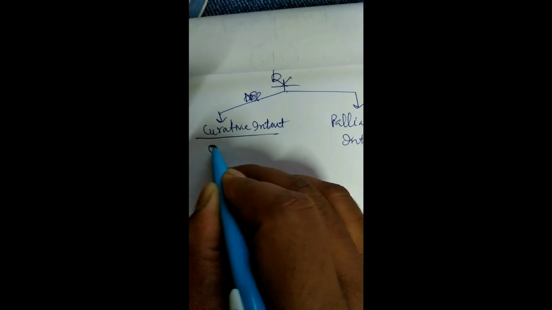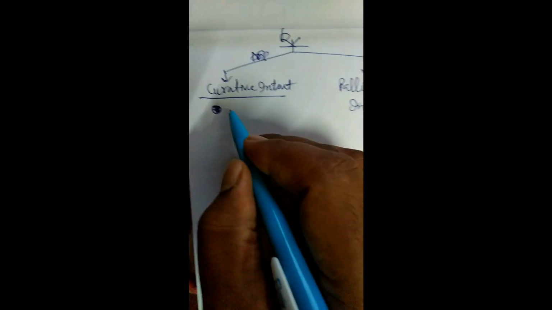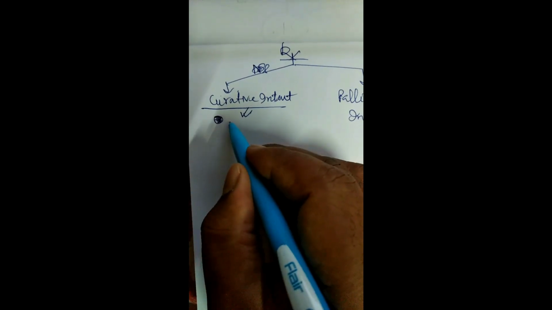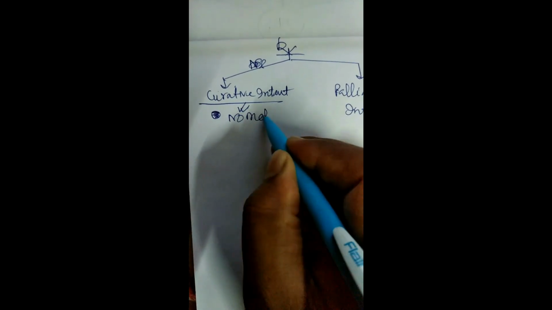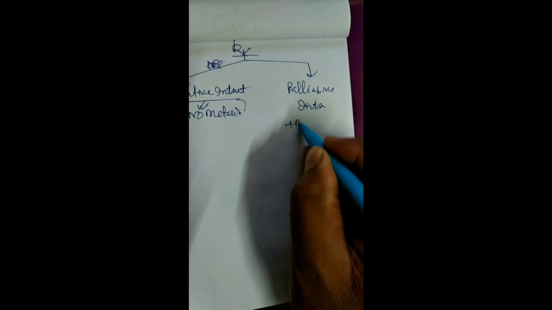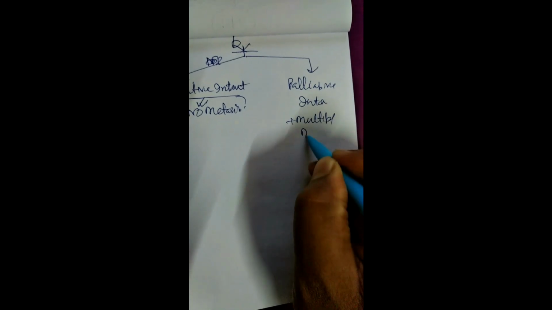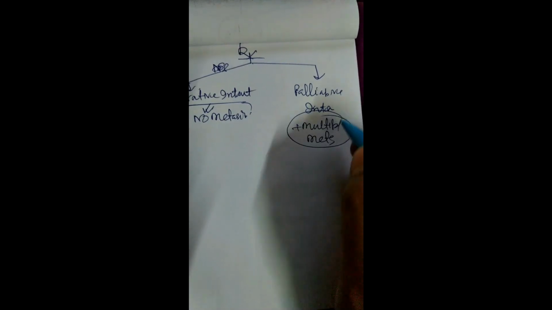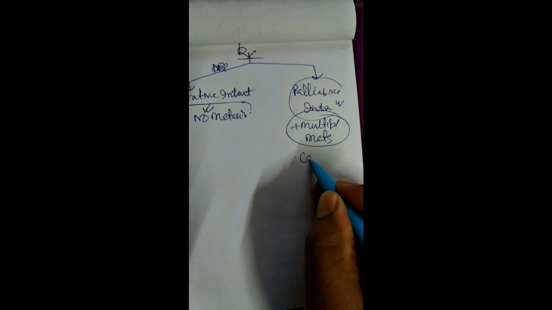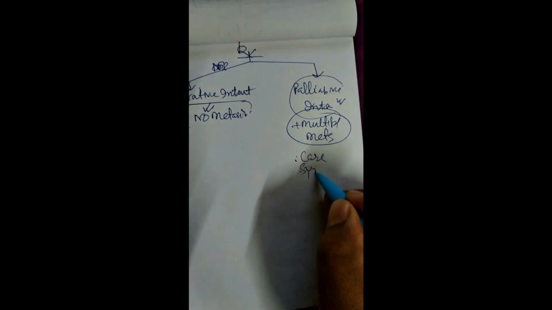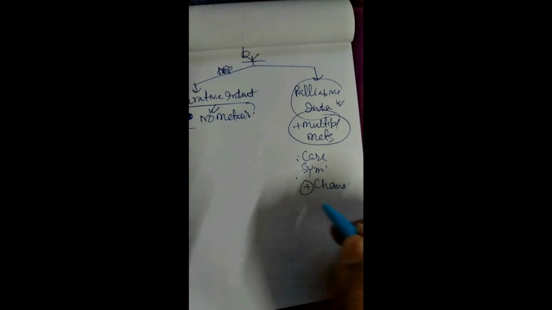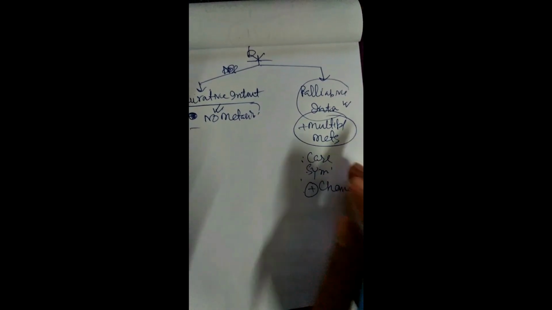When the patient can be treated fully, this is called curative intent. There is no metastasis. But with multiple mets, we can treat as palliative. Palliative means only care of symptomatic management, and sometimes chemotherapy is also used, but in low dose.